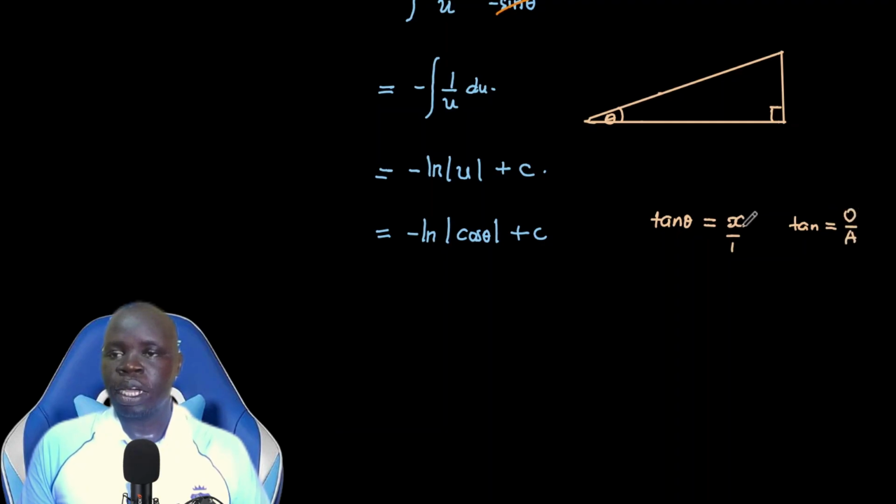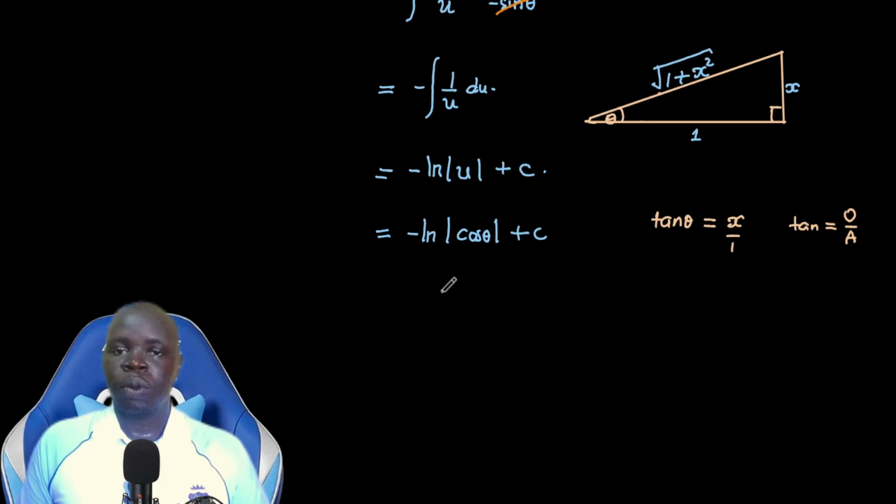So our x here is the opposite, then 1 is the adjacent, and since we are dealing with cos, we need the hypotenuse. So our hypotenuse here is 1 squared plus x squared, which is the square root of 1 plus x square.